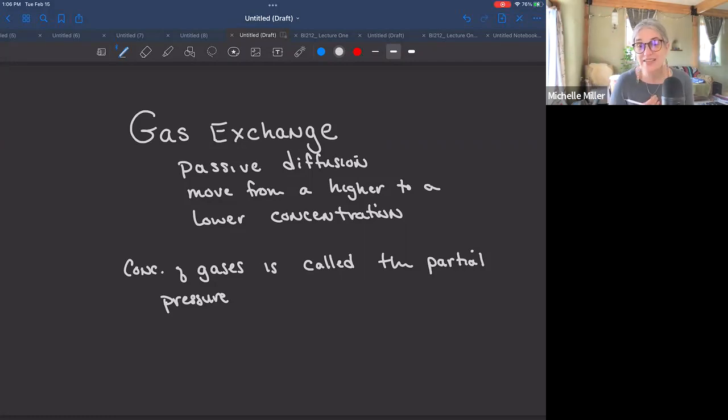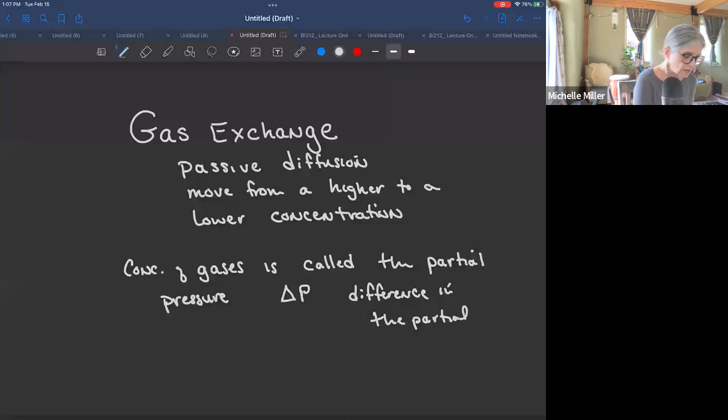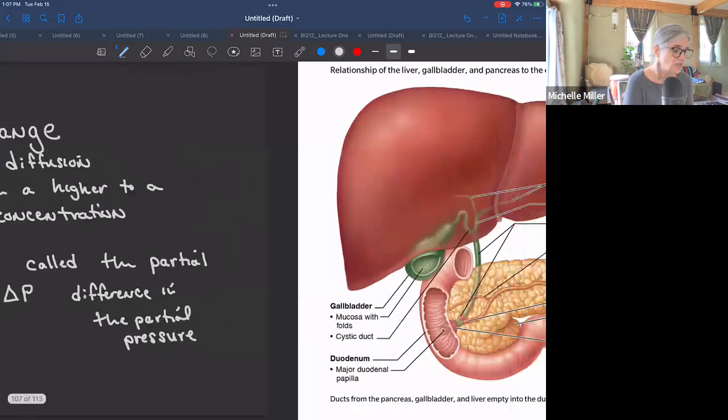And so that concentration is its partial pressure. So the differences in the partial pressures is designated as a delta P. So this is the difference in the partial pressure. So we need that value to stay a positive value so that the gases will always diffuse in the correct direction.